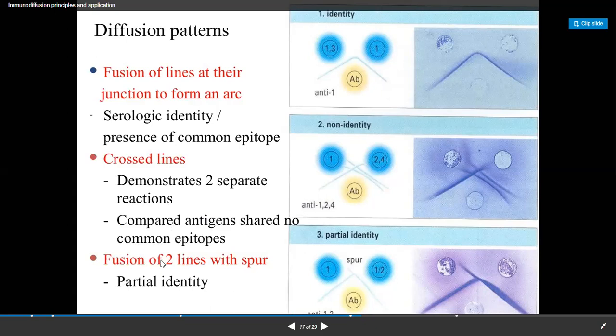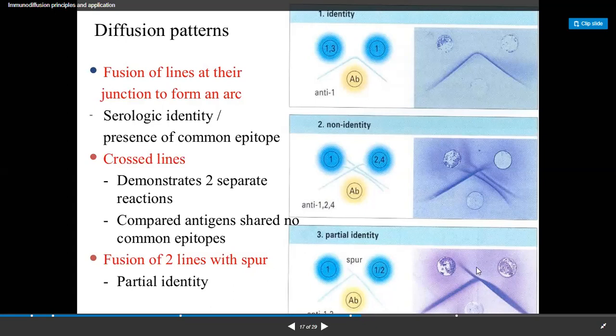In the third, that is the partial identity pattern, partial identity is shown by this antigen. So we get this kind of shape.